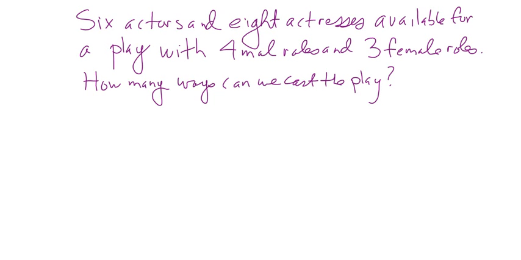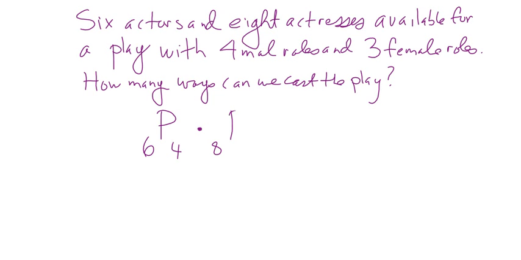So how many actors are there and how many do we need? 6. So 6P4, right? We want all the arrangements of those 4 actors from a group of the 6 actors. And for each of those ways, how many females are there? 8.